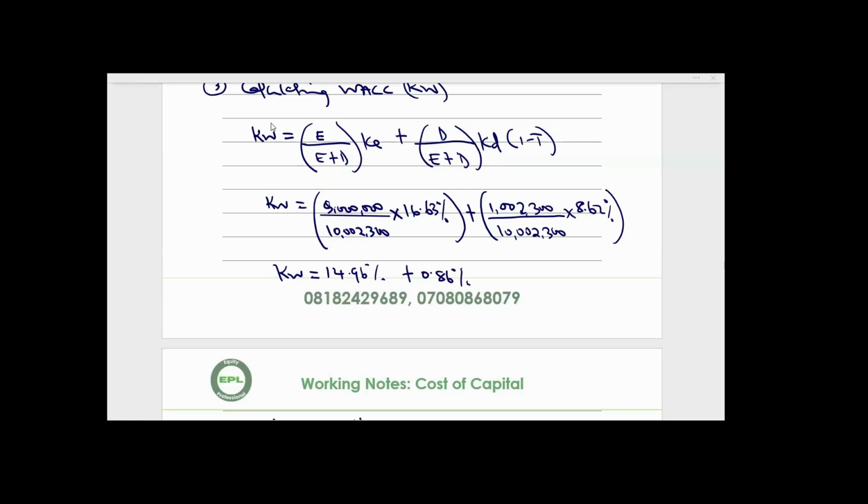So go and read about project-specific cost of capital, because I will introduce you to it on that day. If I spend maybe 1 hour, 20 minutes to solve the remaining 2 questions, then I can spend the remaining hours on project-specific.